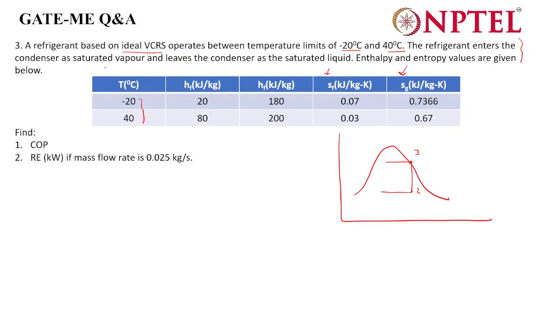And refrigerant enters the condenser as a saturated vapor and leaves condenser as a saturated liquid. Same as last time. Here it will leave, and this would be the first point. Enthalpy and entropy values are given here. So it is a simple problem.